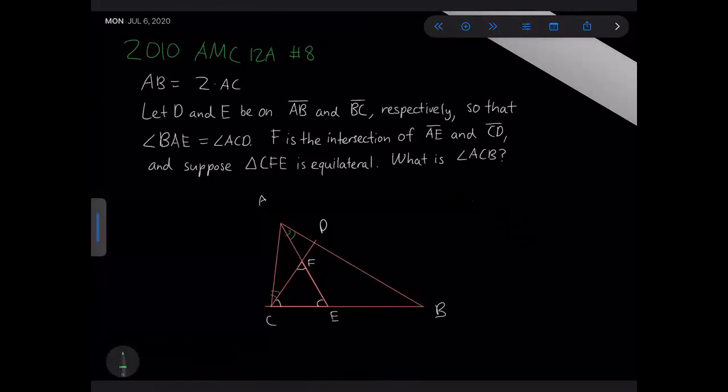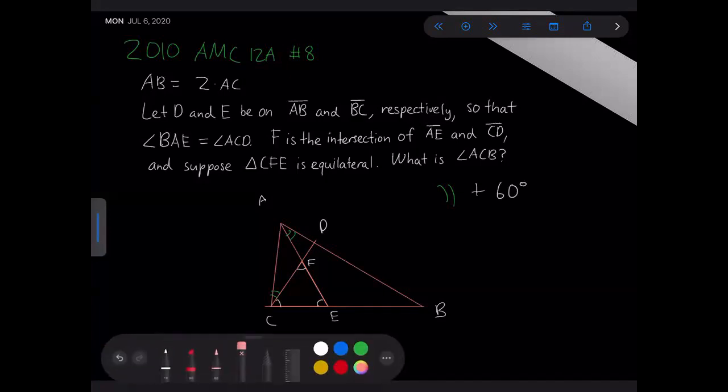We want to find ACB, so we want to find green plus 60 degrees. So let's actually label that. We're going to call the green thing X, because variables assign a nice name to things.